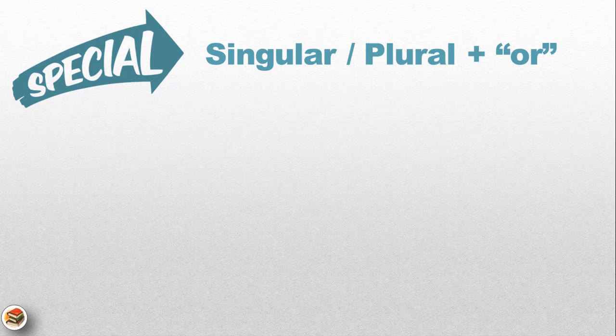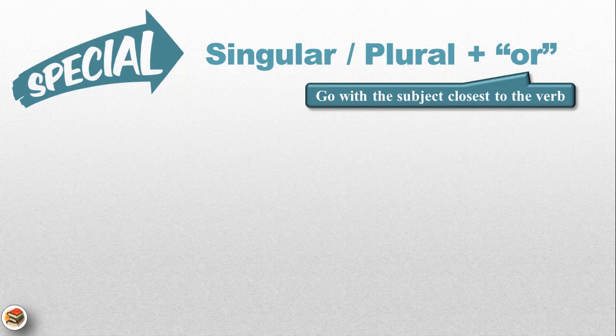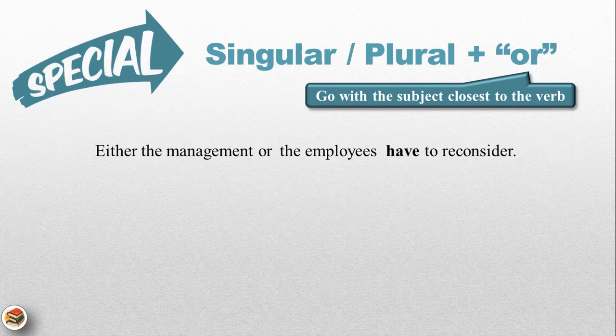Another special case has to do with when you have a mix of singular and plural objects and they're joined together with an or. When that happens, the rule is you go with the subject closest to the verb. So either the management or the employees have to reconsider. You can see we have one singular, we have one plural, so management singular, employees plural, and our verb there is have.